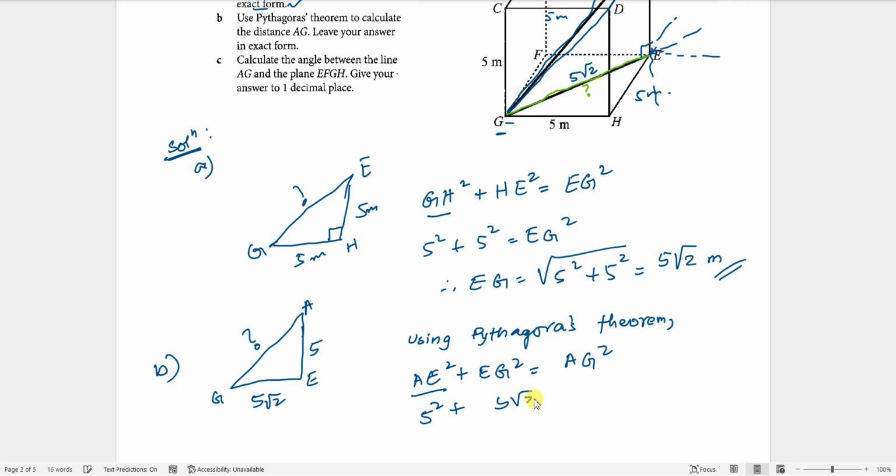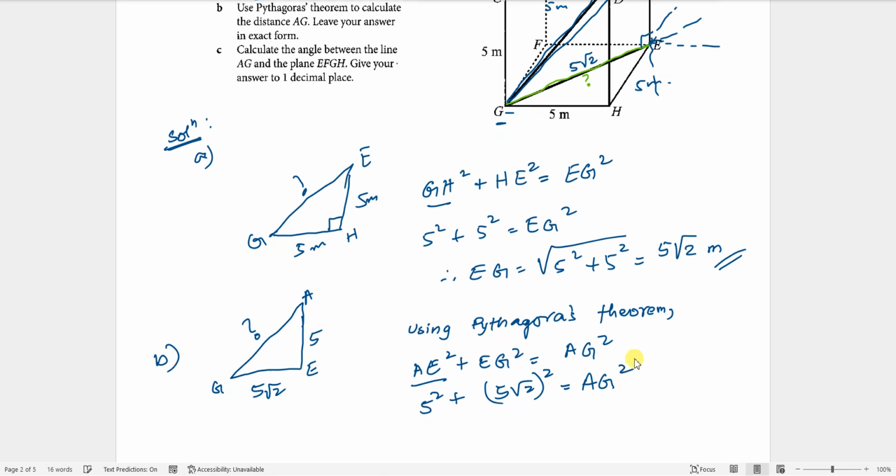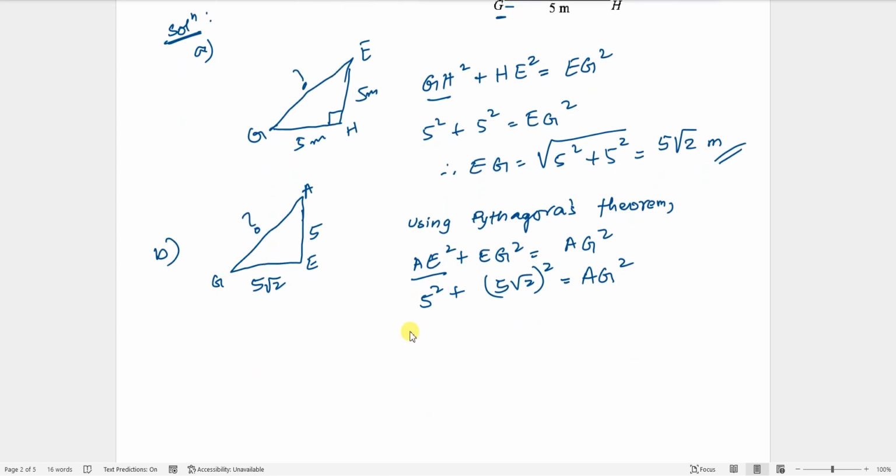Make sure you put whole square. Is equals to AG square. So AG is equals to root over 5 square plus 5 root 2 whole square. So the answer is going to be 5 root 3 meter. Leave it in the exact form.